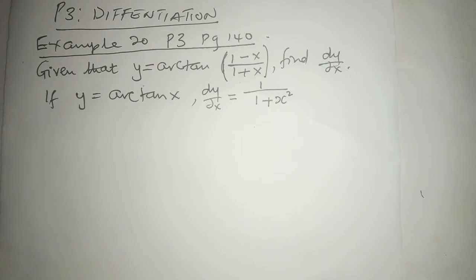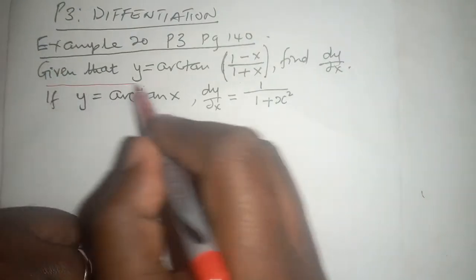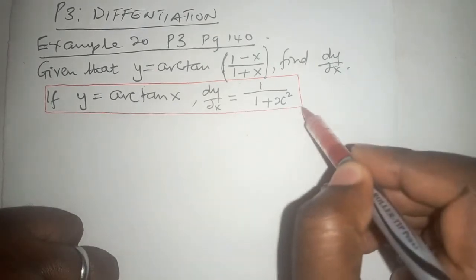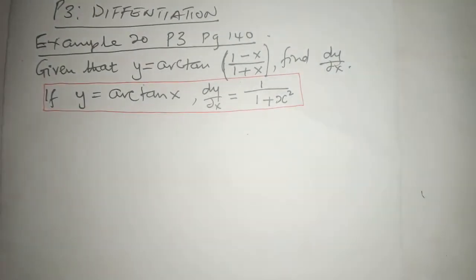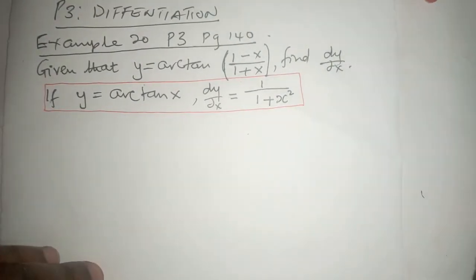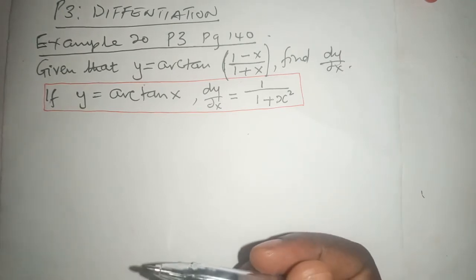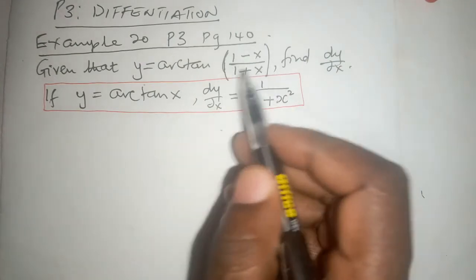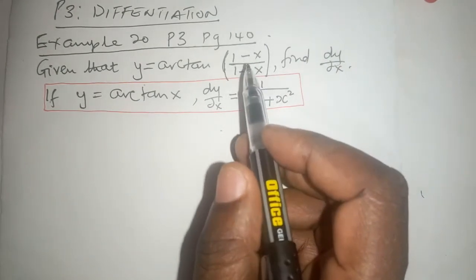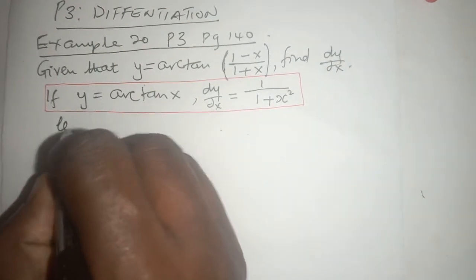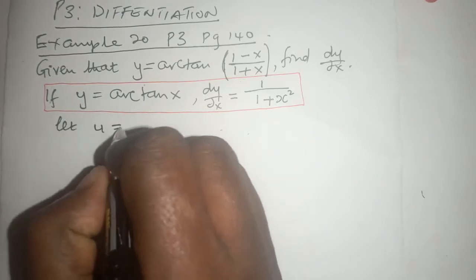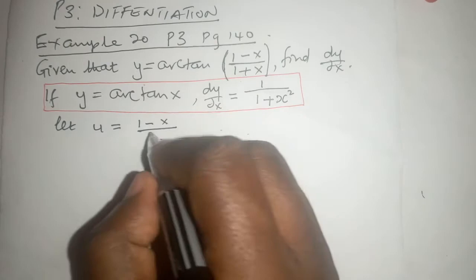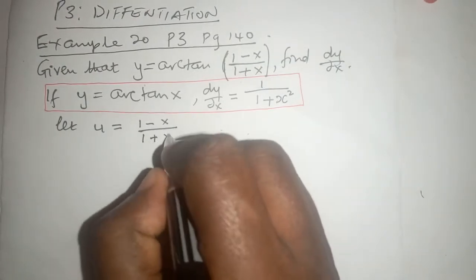That is a very important piece of information for this example, very critical. So keep it in mind as we move forward. Therefore, this is going to be represented by another variable. So we say let u be equal to (1 minus x) all over (1 plus x).